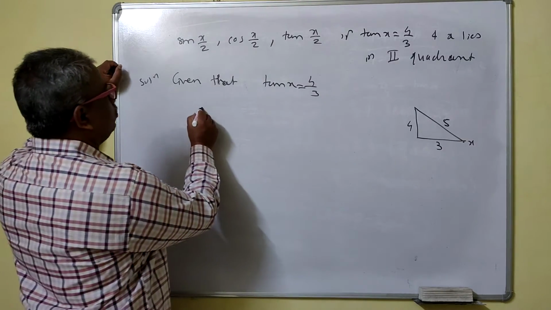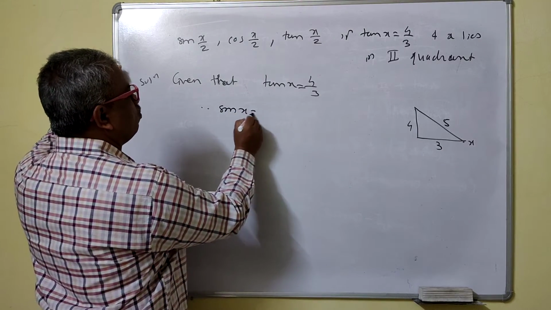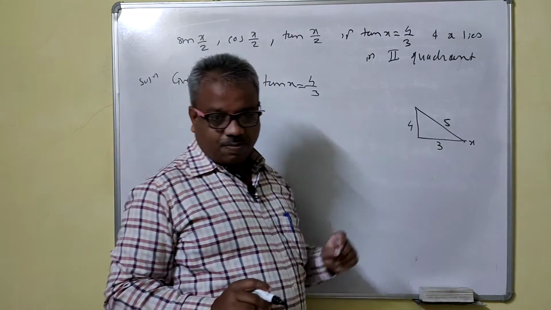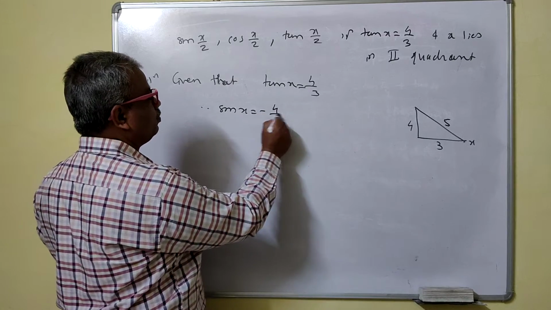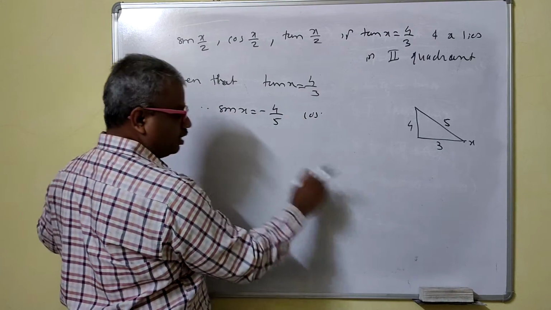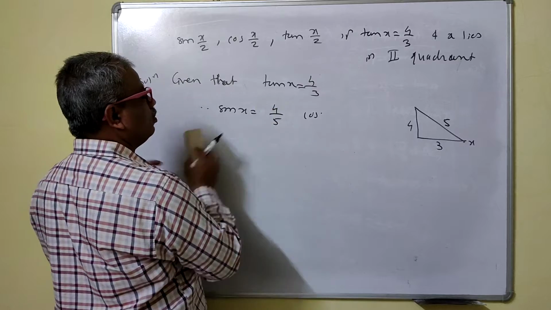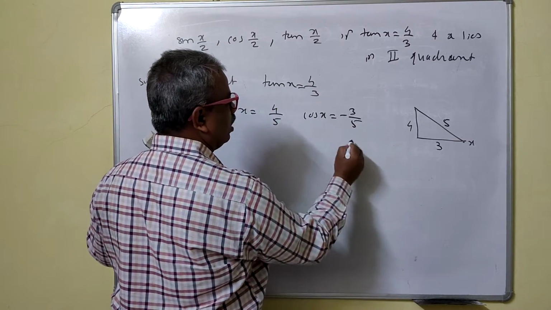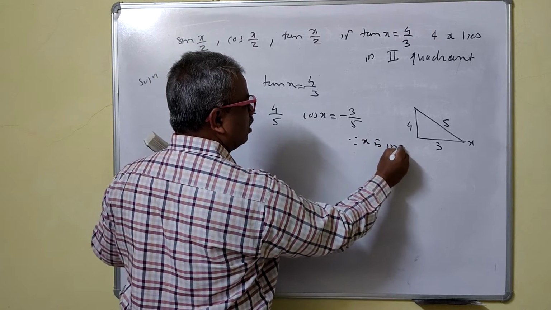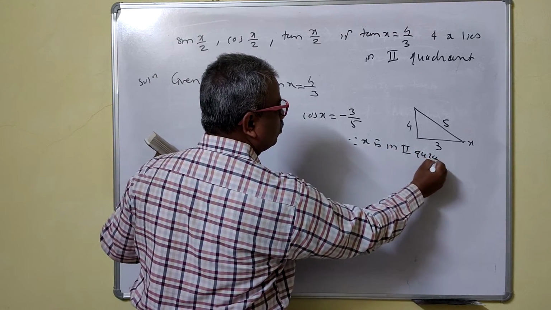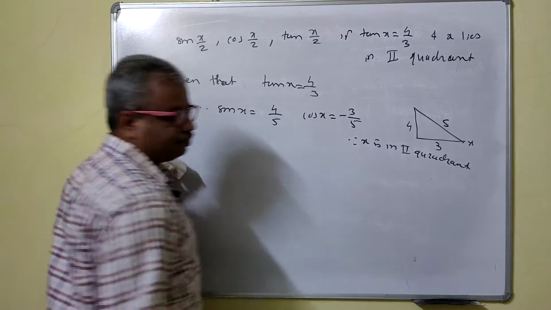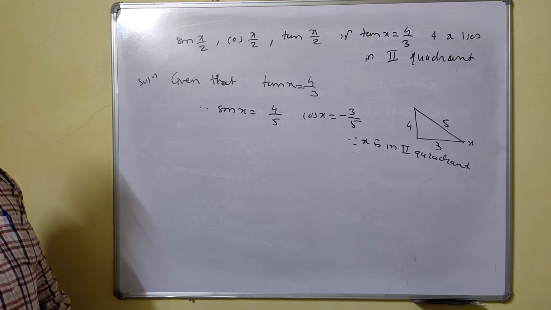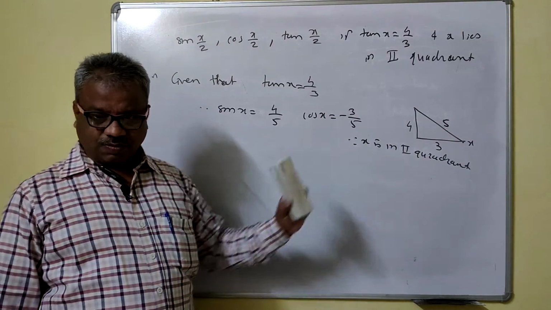Therefore sin x is 4 by 5, and cos x, being negative, is minus 3 by 5, since x is in the second quadrant. Easily you can obtain these two values by the Pythagoras theorem.